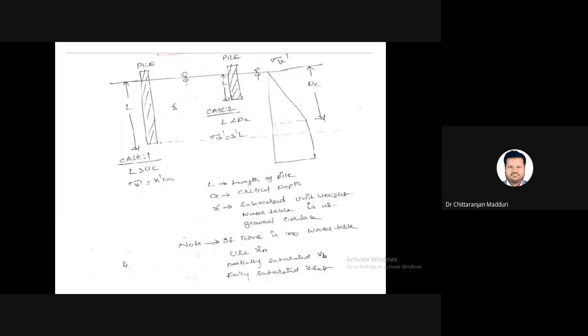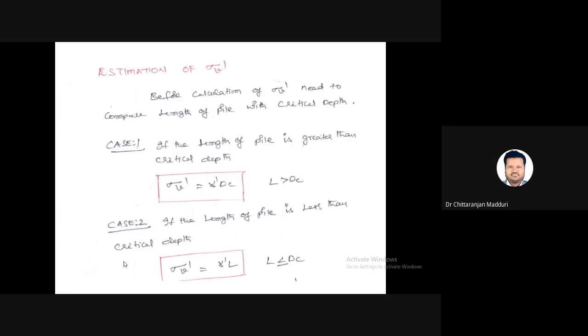In case 1, we need to consider the effective stress up to critical depth only. So the length of the pile is greater than critical depth, and sigma v dash equals gamma dash into Dc. We need to consider only critical depth; we should not consider the length of the pile.